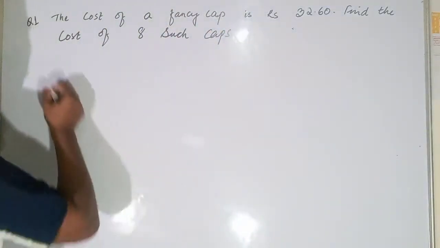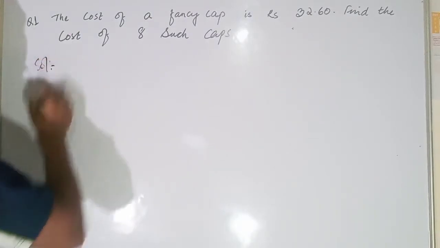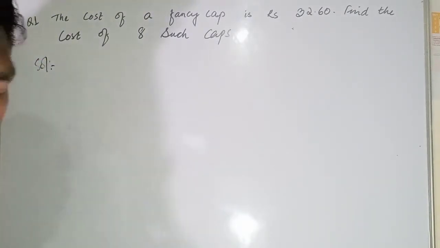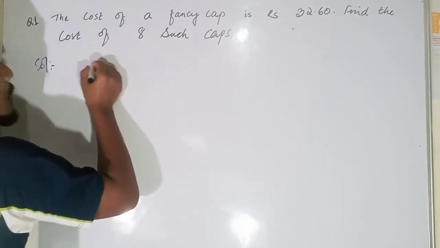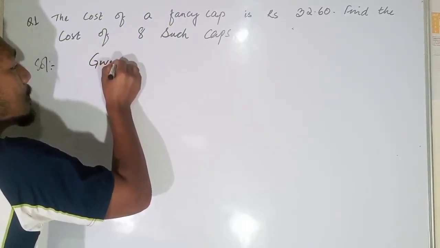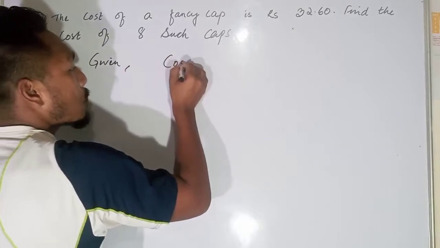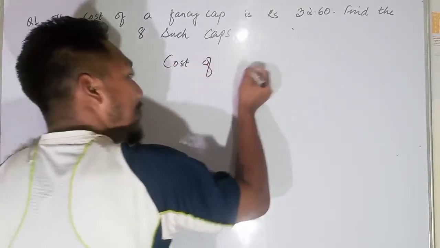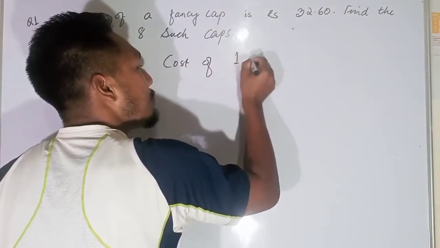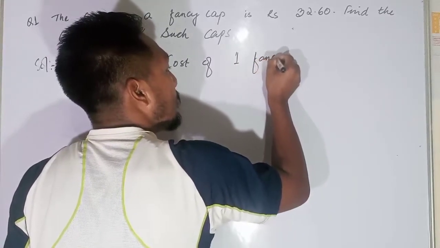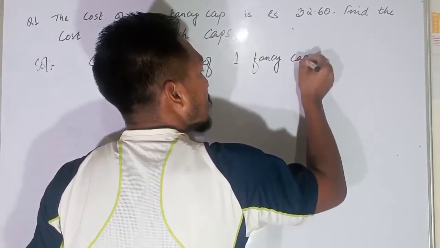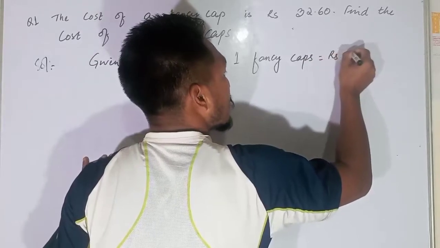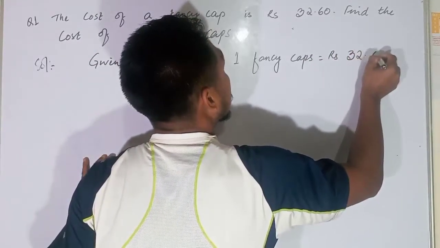Okay, so what shall I do is the solution. Given: cost of a, or you can also write, one fancy cap is equal to rupees 32.6.